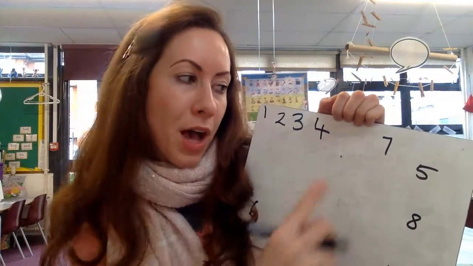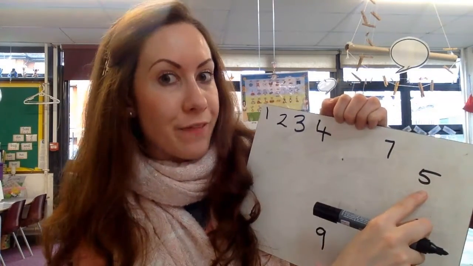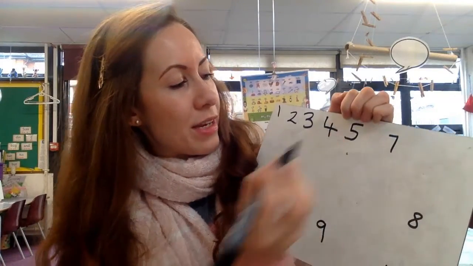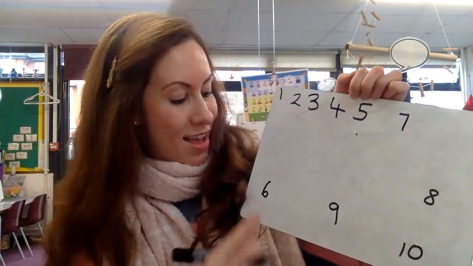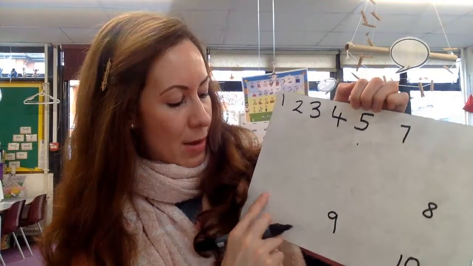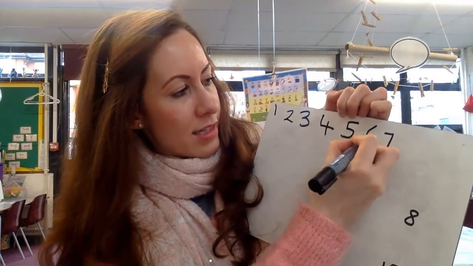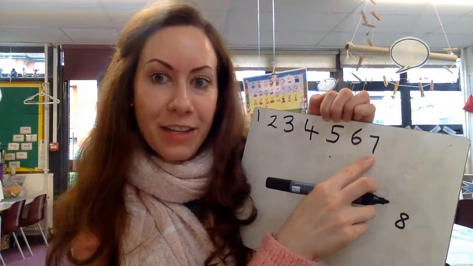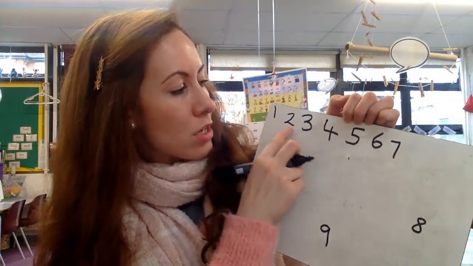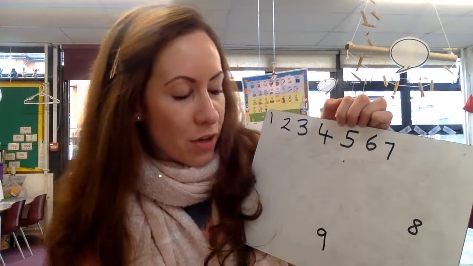What's next? Number 5. 5 is alive. Then we need number 6 all the way down here. 6, and then, oh look, number 7 is in exactly the right place. So 1, 2, 3, 4, 5, 6, 7.